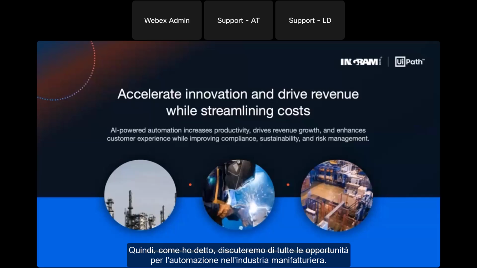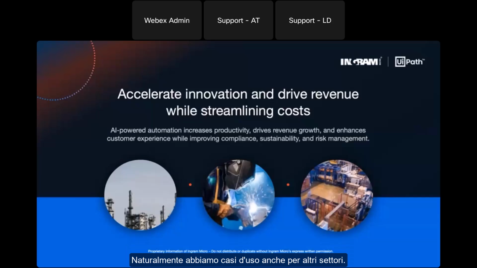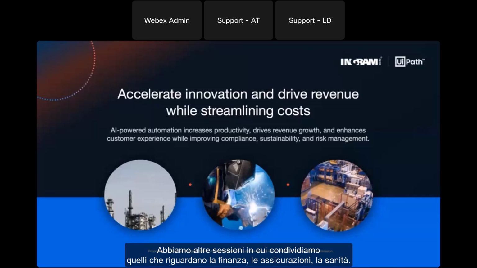As I mentioned, we are going to discuss all the opportunities for automation around the manufacturing industry. Of course, we have use cases for other industries as well. We have other sessions where we share those, around finance, insurance, healthcare. But for today, we're going to discuss the manufacturing environment, right?